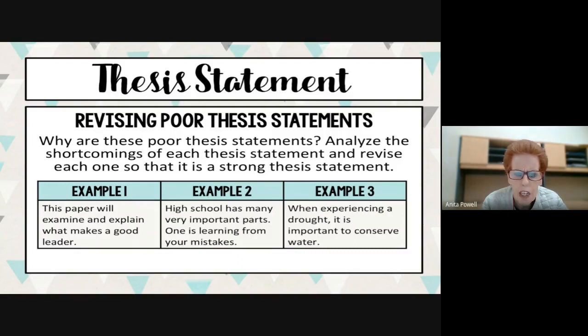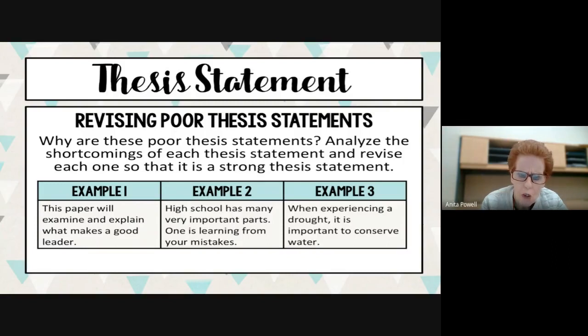Okay, let's revise it. It certainly is not specific enough. It is not dealing with the prompt to the point that it's giving us some kind of direction there.